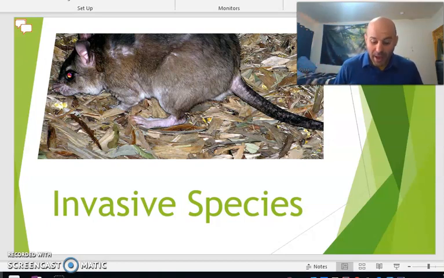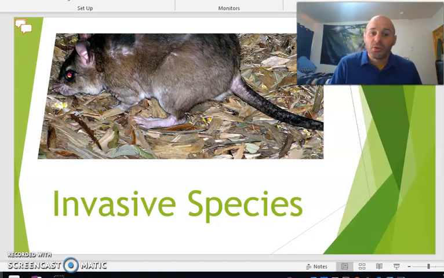Now, I want you to imagine that a boat shows up and the people on the boat don't realize that a species of giant rat sneaks off the boat onto the island, and these rats happen to be very hungry and big eaters. They can eat almost anything.